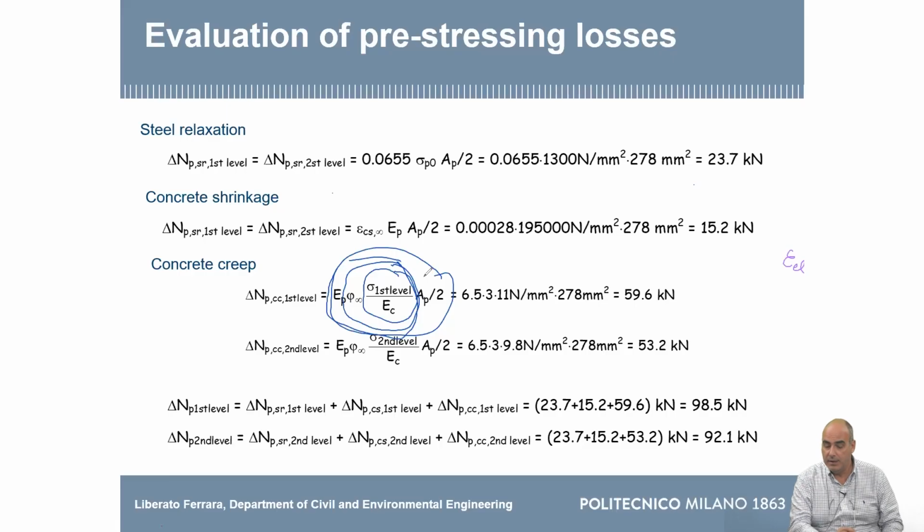So in the end, you sum up the losses due to steel relaxation, due to concrete shrinkage, and due to concrete creep. The meaning of the subscript is this: SR, steel relaxation; CS, concrete shrinkage; CC, concrete creep. You sum them up and you find this number.